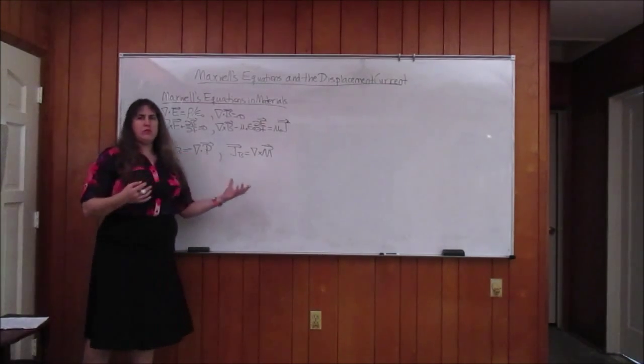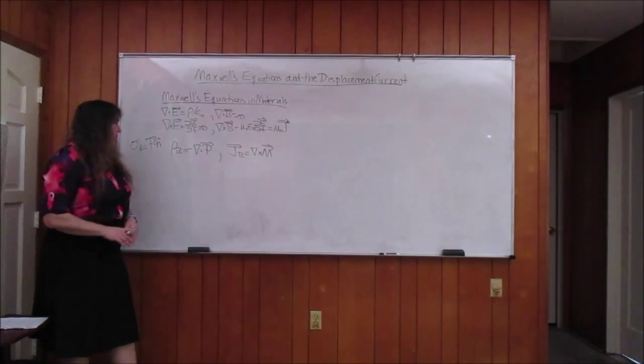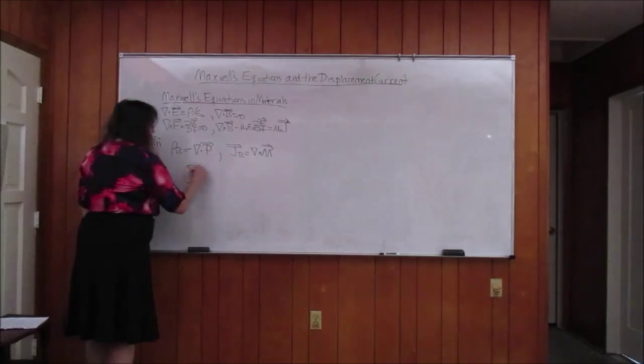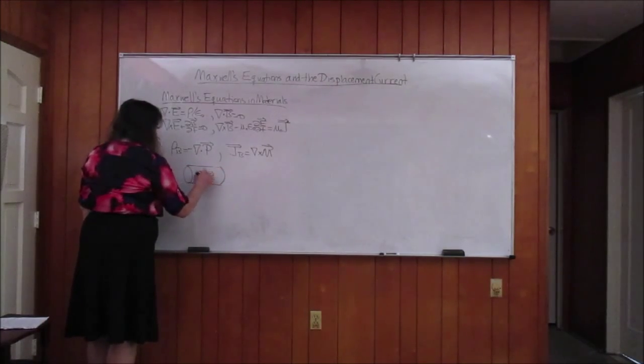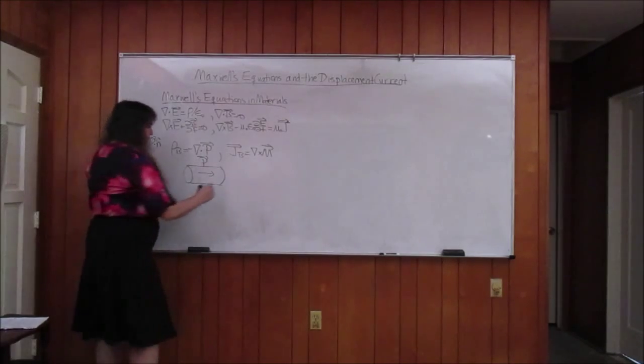These hold for static fields, so what happens if we have time varying fields? Well, let's consider a little chunk of material here, and we'll say the material is polarized.